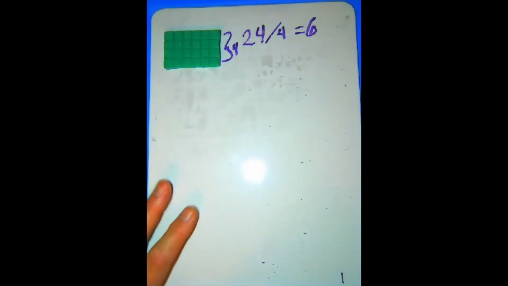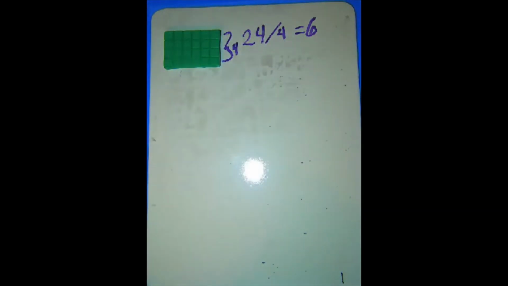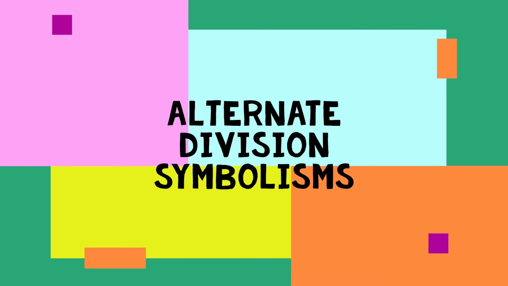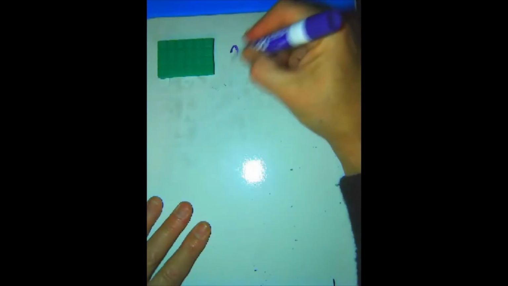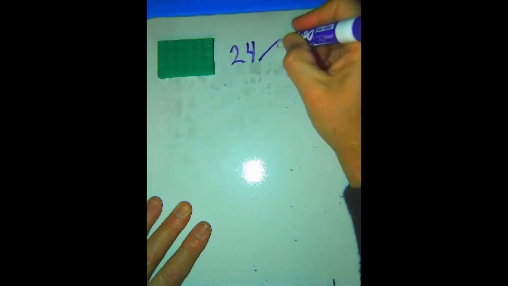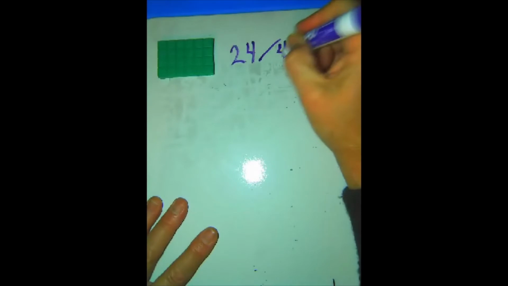So part of the dilemma with division, as we found out, was there's just so many different ways of representing that particular question, which is, what is 24 broken up into 4 equal parts? One way of representing it was the way that we did in our introduction, which was 24 divided by 4.